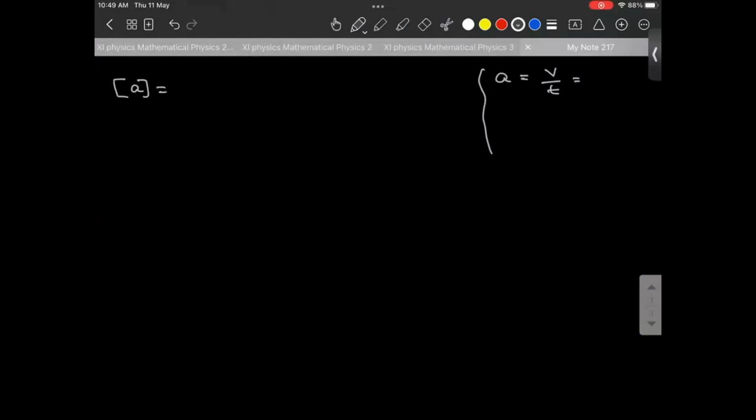Generally I write the SI unit; you can either write the unit or the definition. So meter per second square. Meter is related to length, so it is dependent on length once. It is dependent on time minus 2 times. So it will become M0 L1 T minus 2. So this is going to be the dimensional formula.